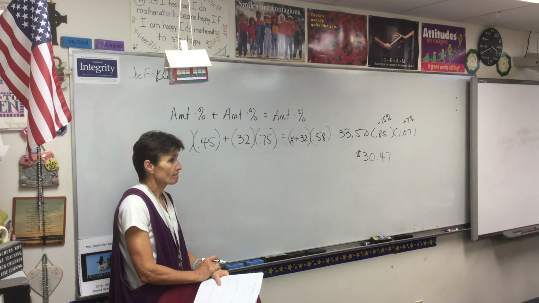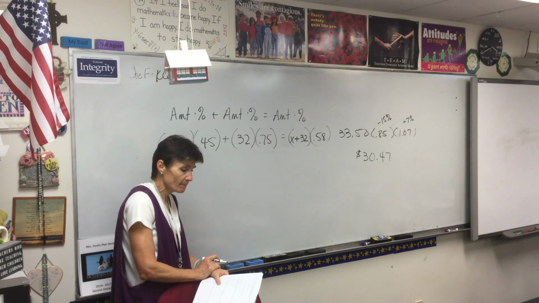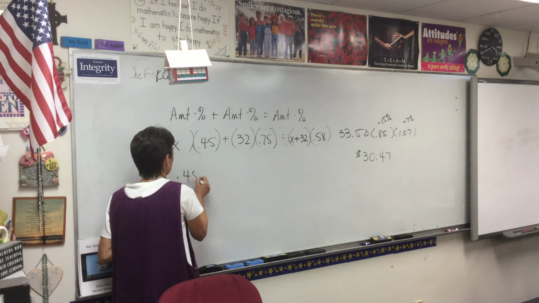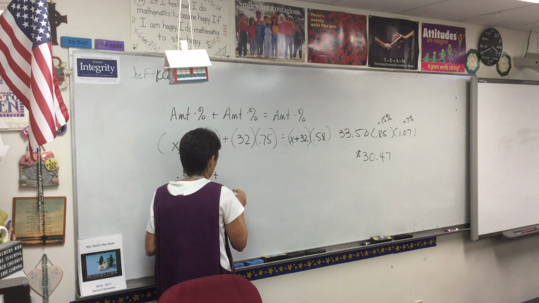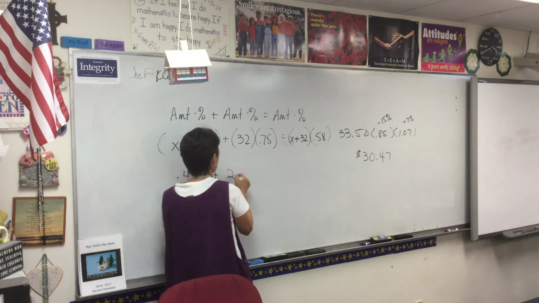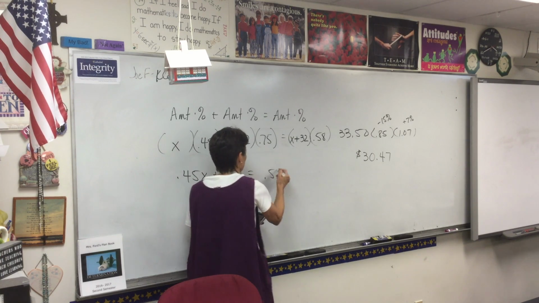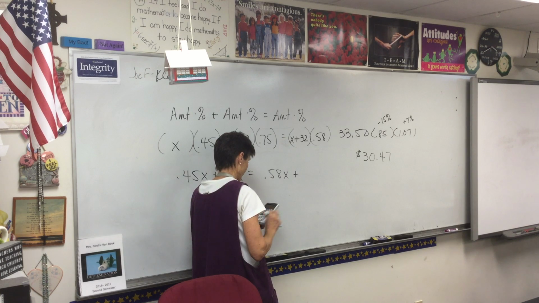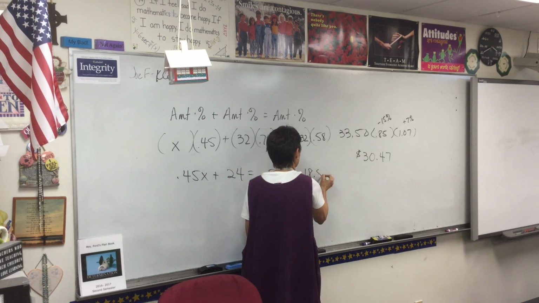Emma? Yeah. You got it? Okay, all right, let's solve it. Here we go. So we have 0.45x plus 24 equals 0.58x plus 18.56.